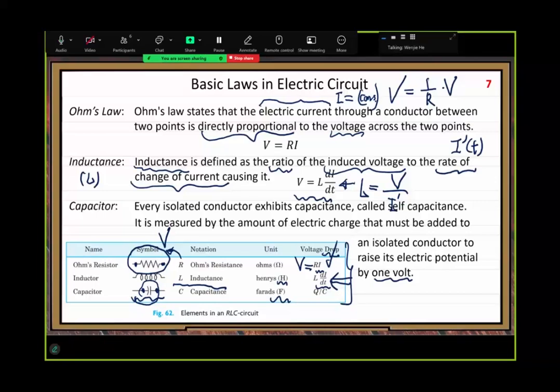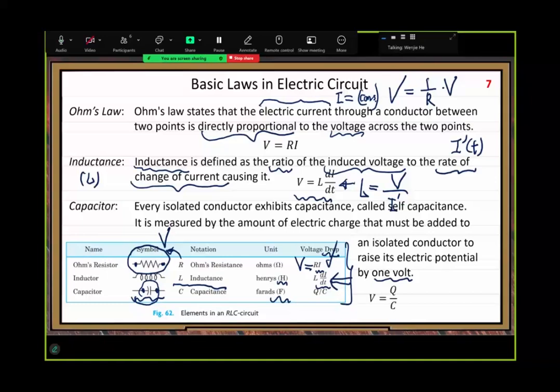Any questions before we move to solving a real problem example? All right. So let's use our next electric circuit question to help us understand these concepts better.